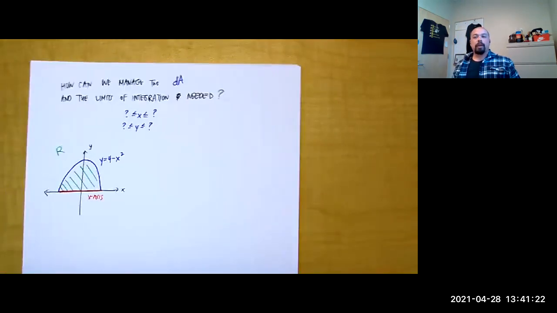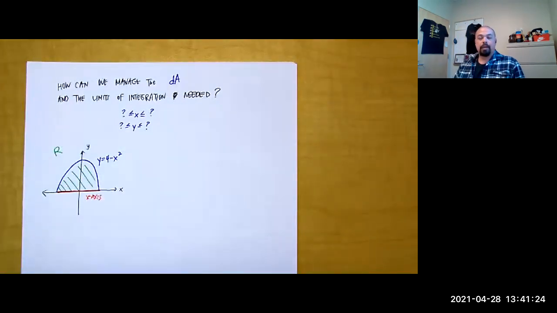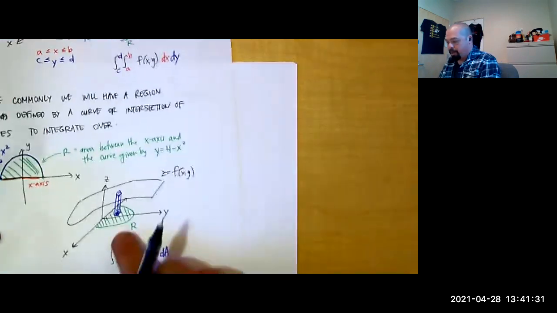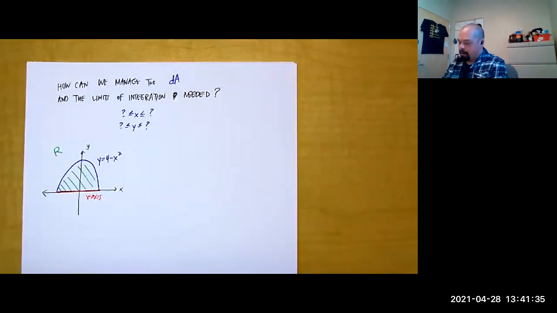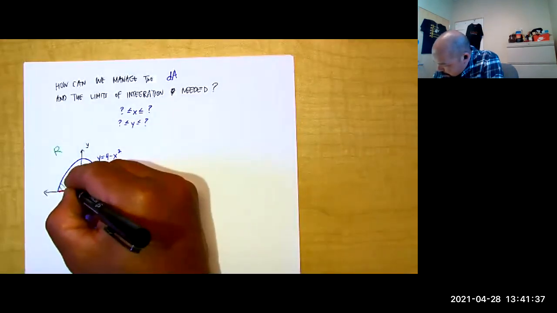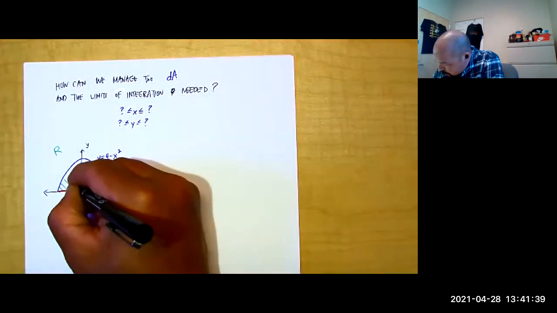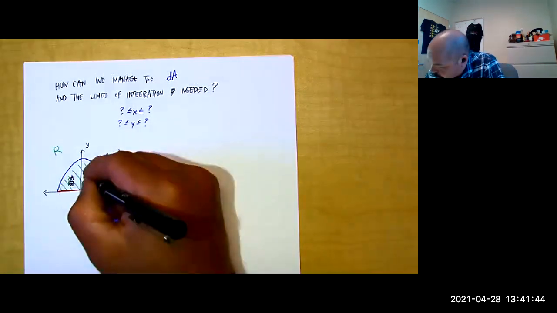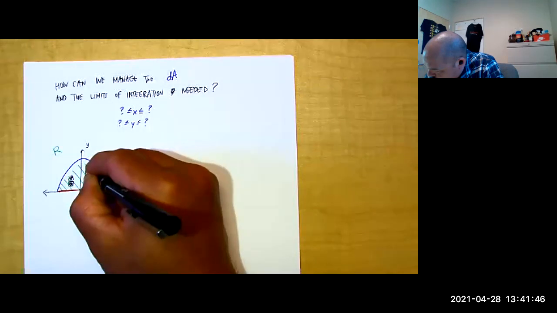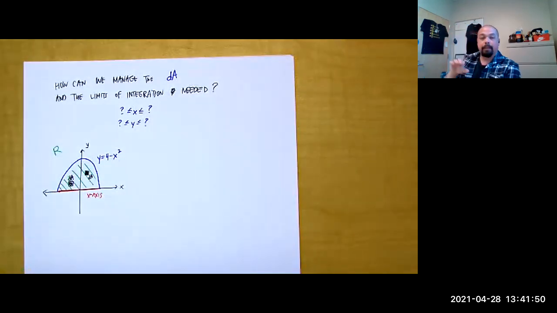Okay, let's get that straightened up. So how can we build this up? Again, if I look at my picture here, we're going to have these little pieces of area, dA, that we're going to use as the basis of those columns that we send up to get that volume.